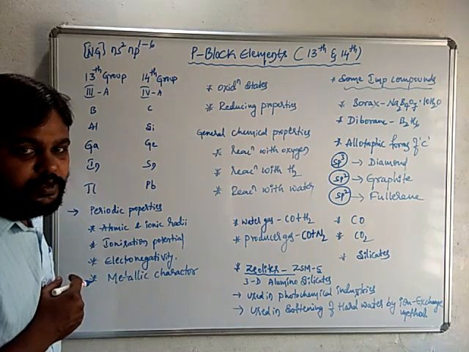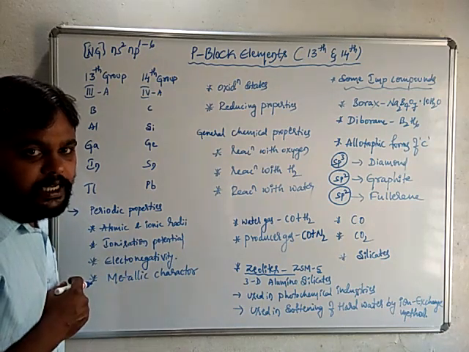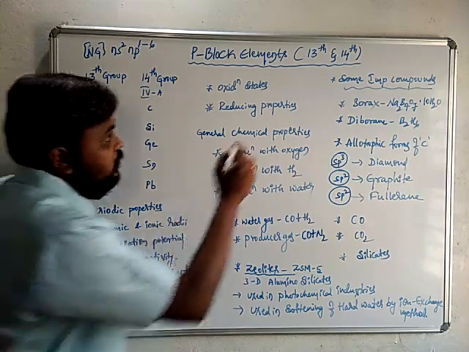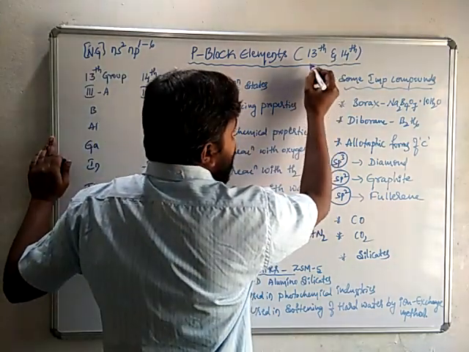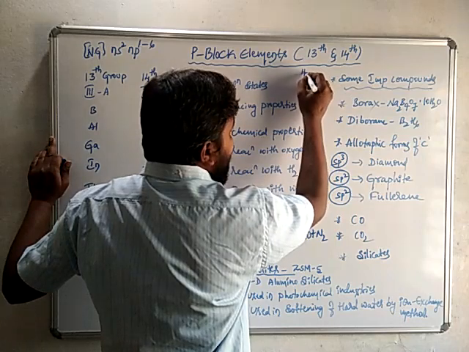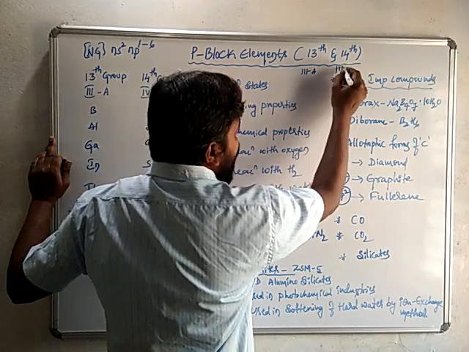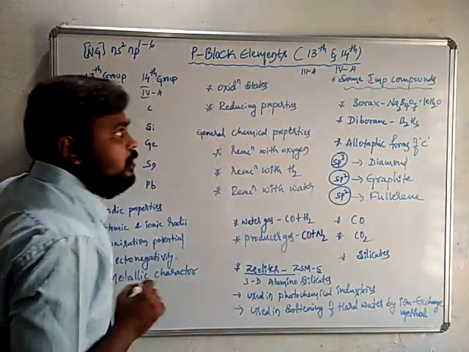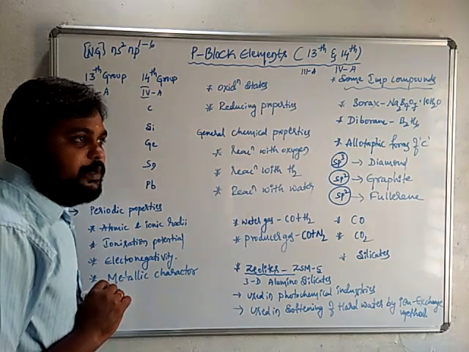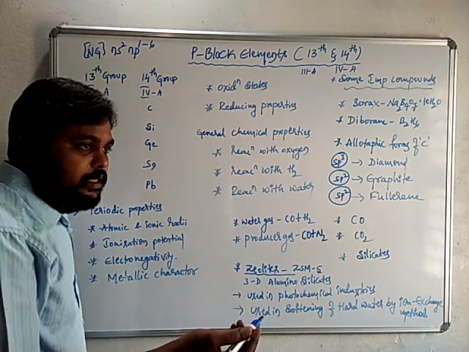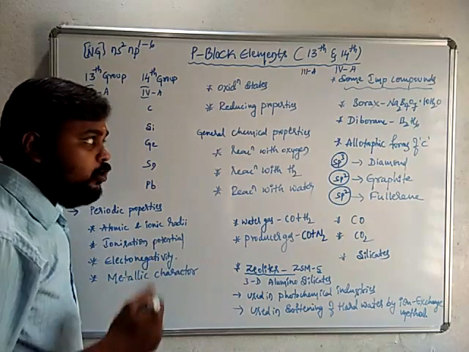Among these 6 groups, the first 2 groups, that is the 13th and 14th group elements, are also known as third A and fourth A group elements. Remember, group numbers can be represented in a numerical symbol or in a Roman symbol.